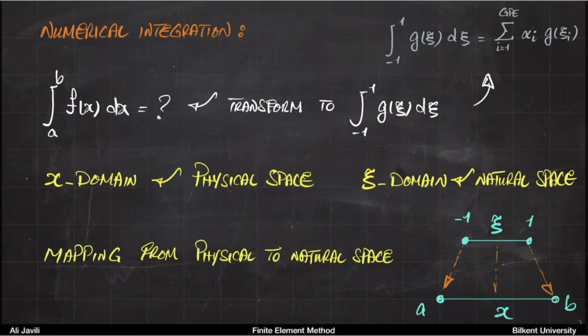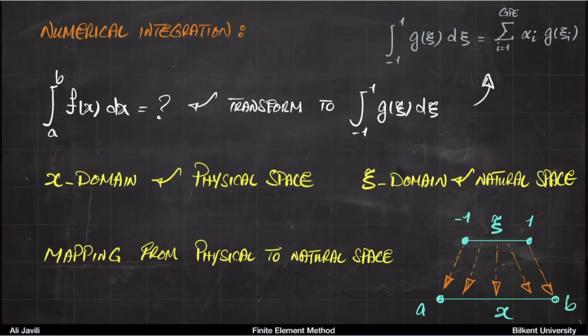You can imagine the center point, 0 in the Xi domain, goes to A plus B divided by 2 in the X domain, right? So the center goes to center, ends go to ends, and that is a linear mapping. You can imagine you can have a quadratic mapping, you can have a non-uniform mapping, by the way. This picture is a linear uniform mapping. But that is the idea: you want to connect these two spaces point by point together.